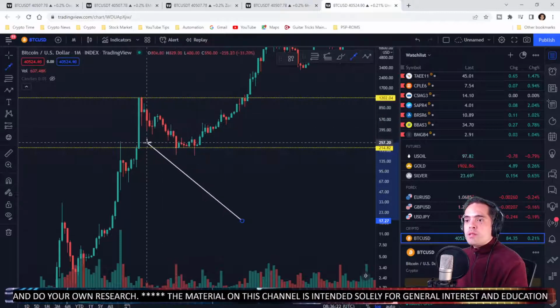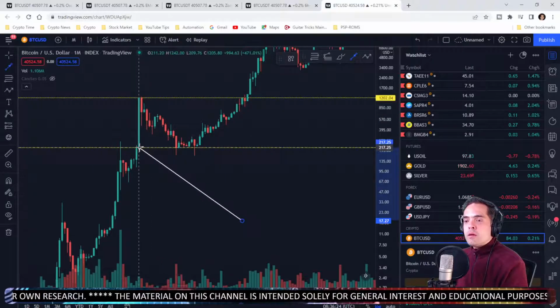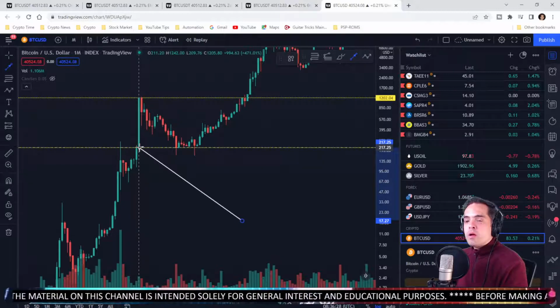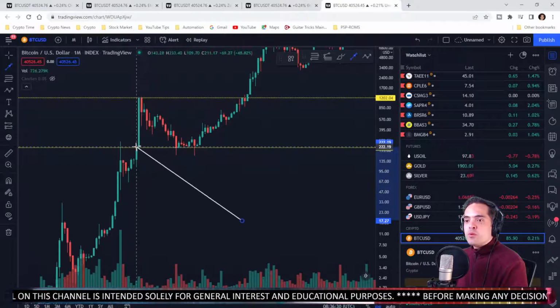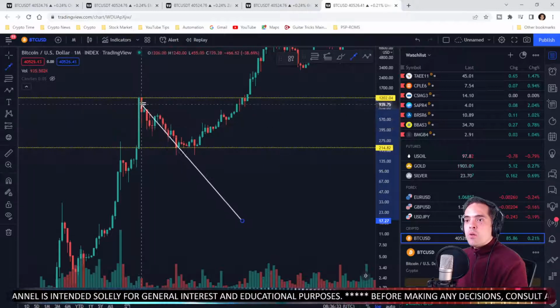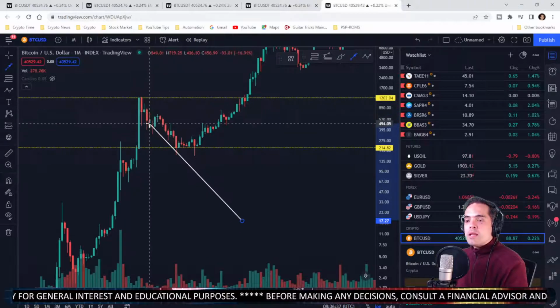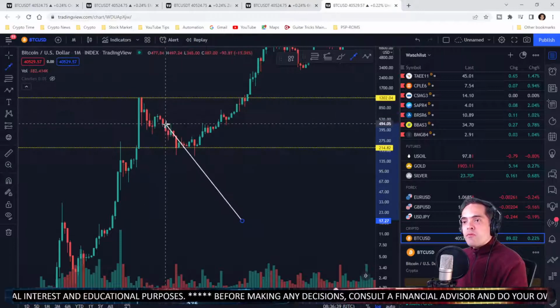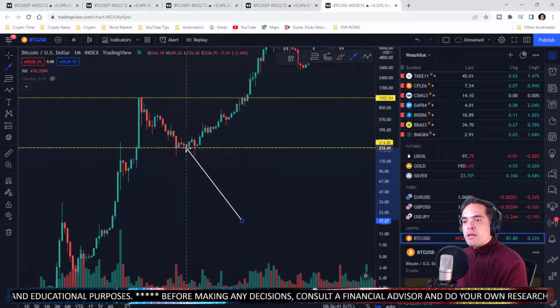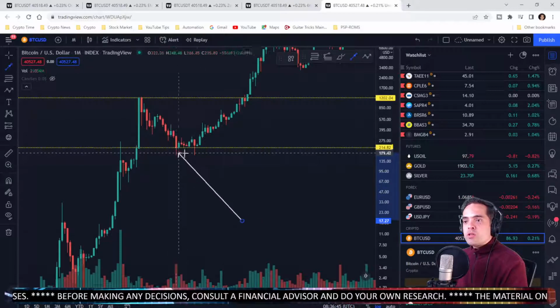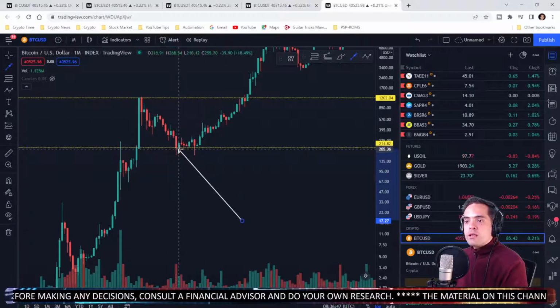So if we take this candle right here as a starting point, we are going from the support zone all the way up to the resistance zone, and then the price falls all the way down again to retest the support zone once again, actually like several months.